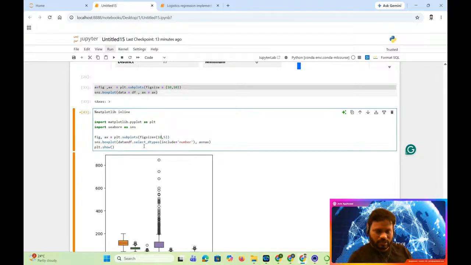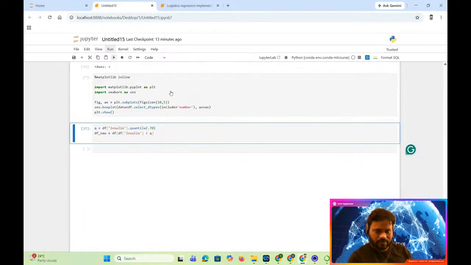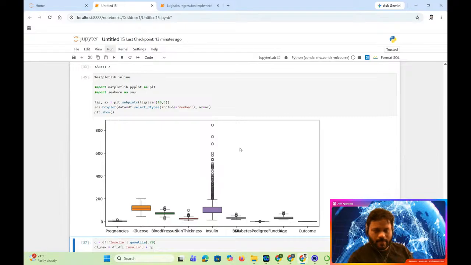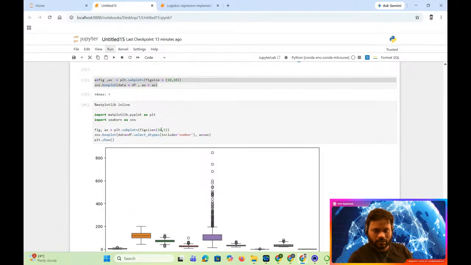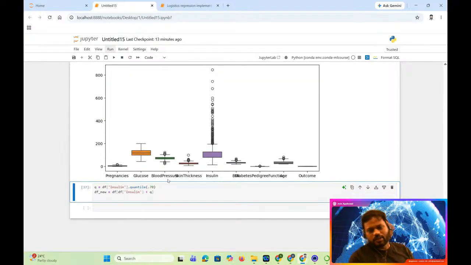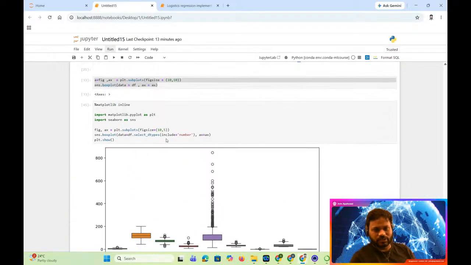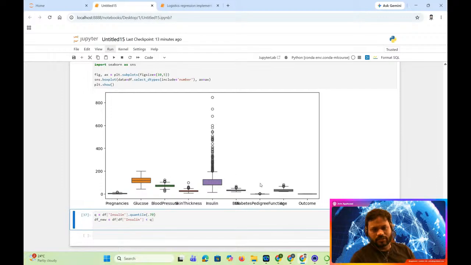Okay, then what will happen? See, okay, now it is okay. 10 by 5, you can see the different disease, and on the y-axis you can see this number: how many persons are affected, outcomes 0 to 1. And there are no outliers. In the data set you have to clean it first, so this will work.